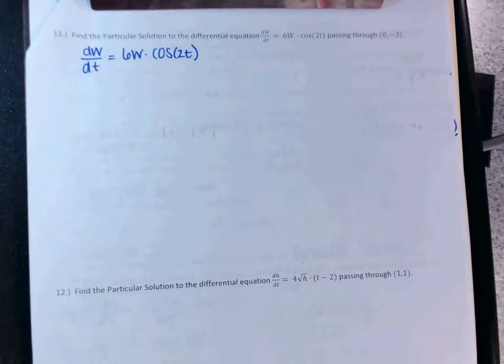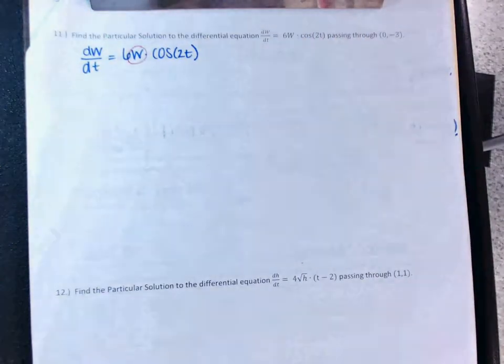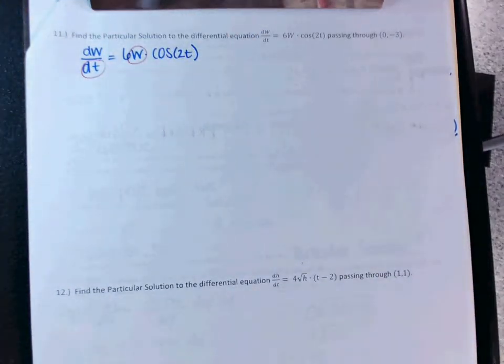No. Here's why you shouldn't move it. If you move it over, it's a 1 over 6. On the right side, it's like a normal 6, not a fraction. So I would only move the W on this side and the dt, and I would not move this 6. Now, it's not wrong to move this 6, but you're going to have to times to get rid of it later anyway. So I would just leave it.